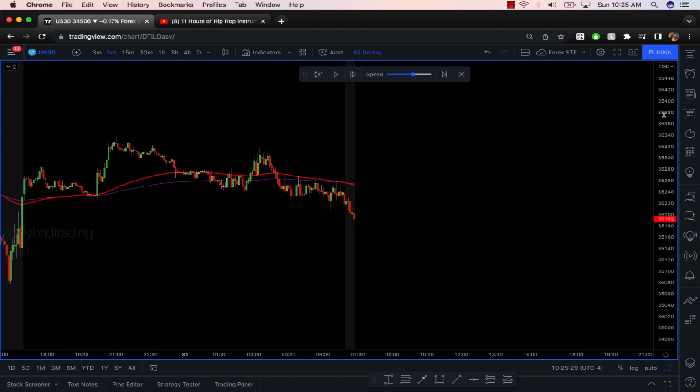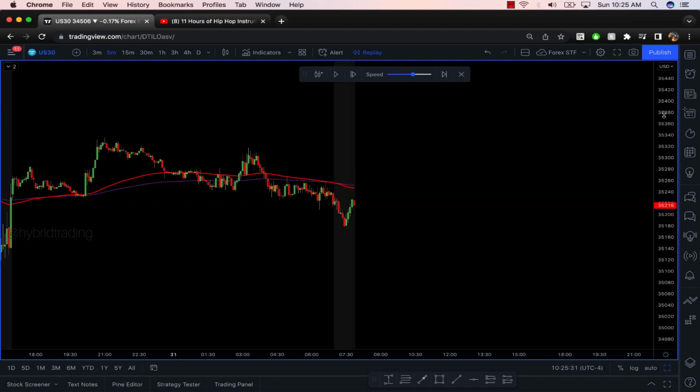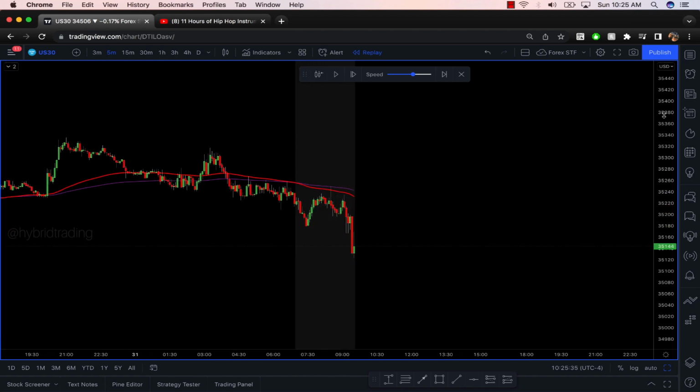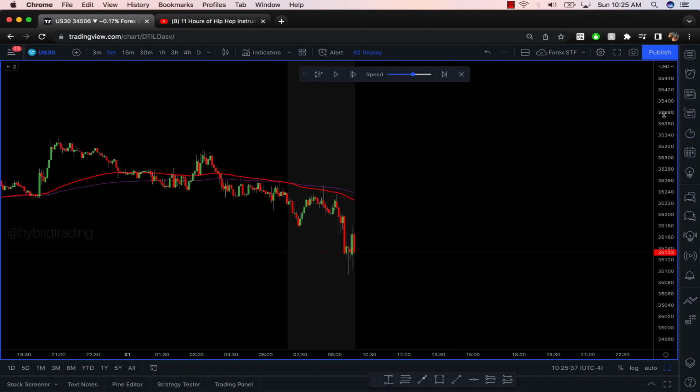You tap it one at a time and you let the market play out. You see the candles playing out. And once you see a trade, if it's valid or invalid, go ahead and take a screenshot, create a folder on your computer, a folder of proper setups and improper setups. That way you know what to actually look for and what setups to ignore.